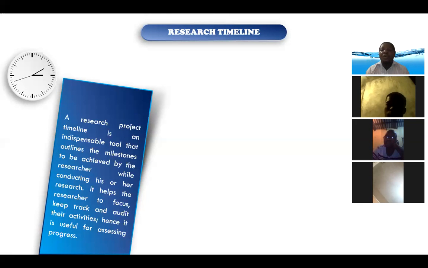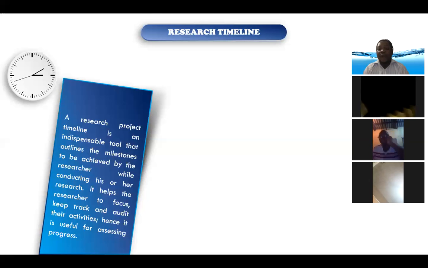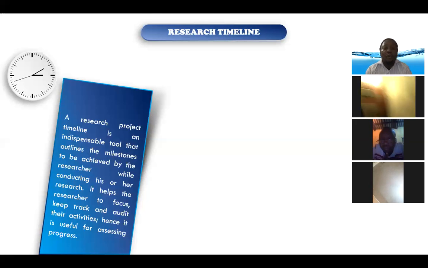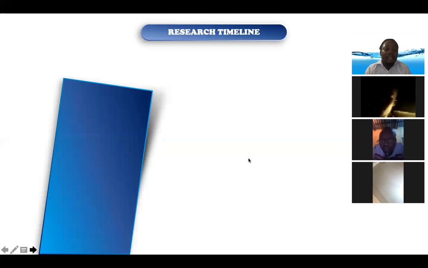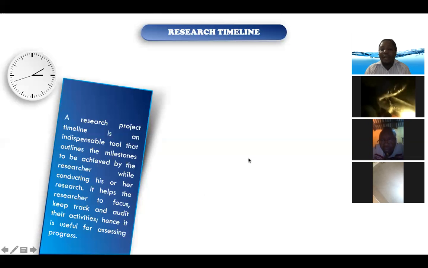It can help you to assess whether you are progressing or not, to find out what you have achieved and what you still need to achieve, what you have done successfully or what you still need to work on or to improve, right? So that's what a timeline is.